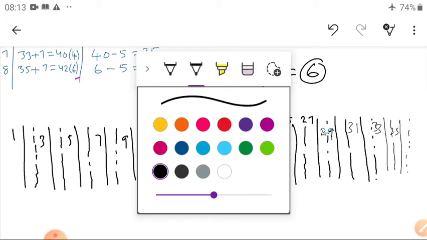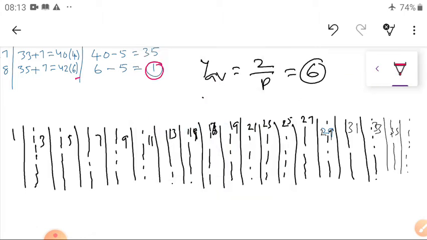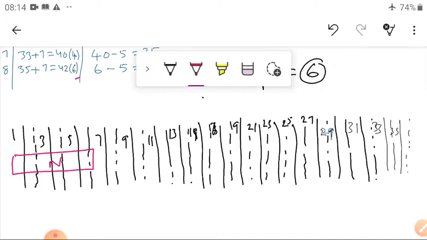Then I can indicate this. Okay, red color, I can take red color. Here I can indicate 1 to 6th pole. 1 to 6, I am going to connect one pole. This is the pole, let us say north pole. Next, I am going to another north pole, so I can take another color.